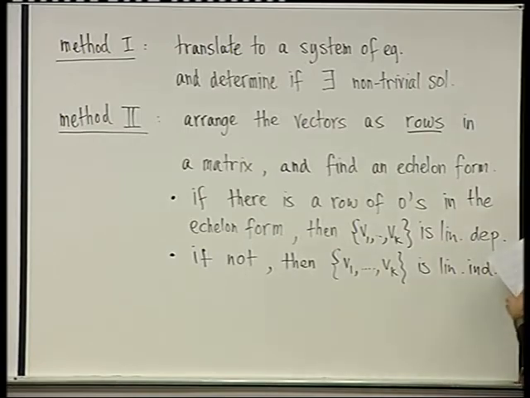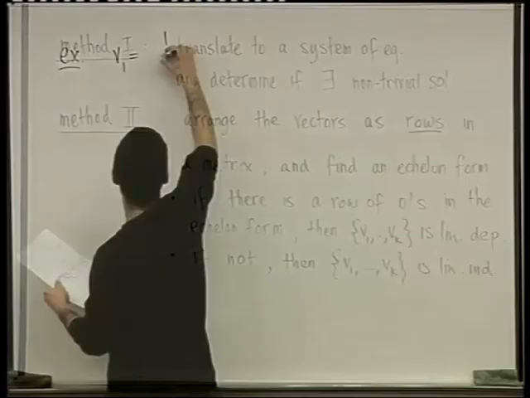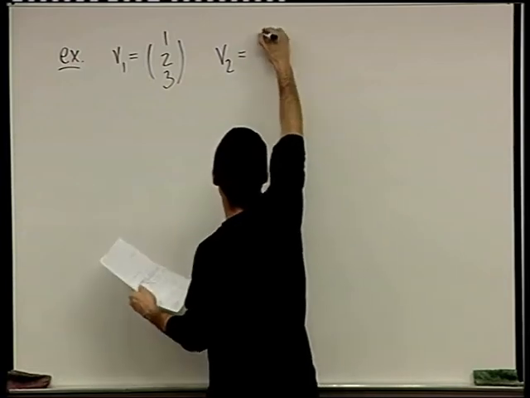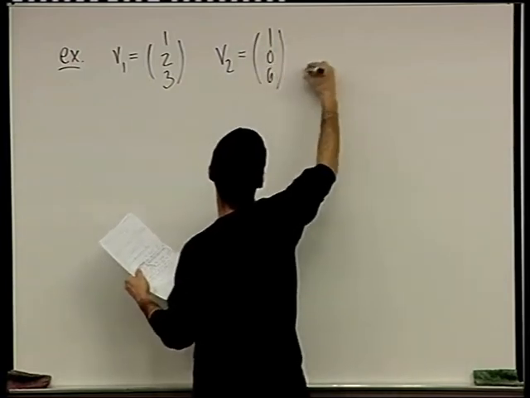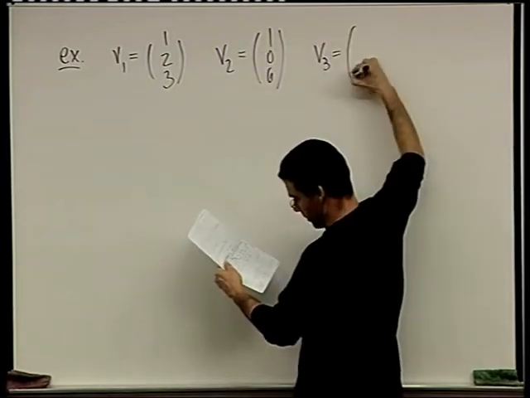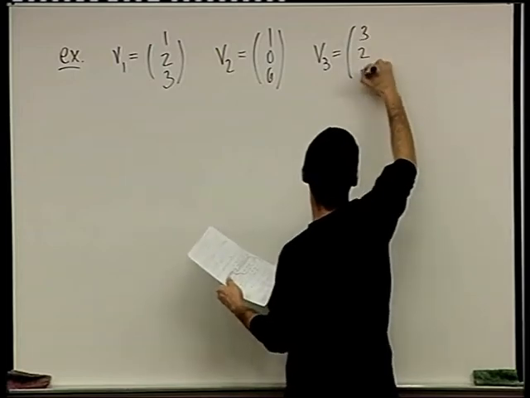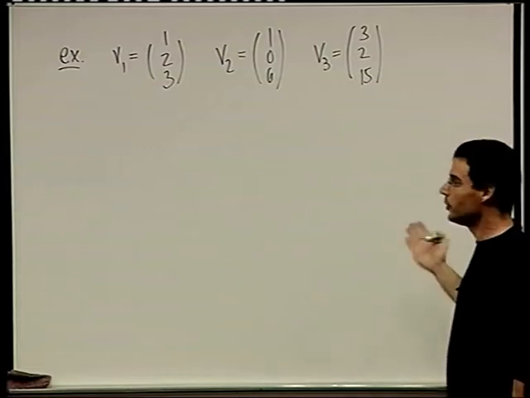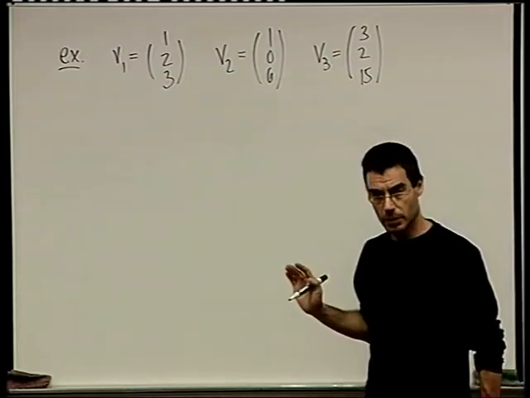So example, v1 was 1, 2, 3. v2 was 1, 0, 6. And v3 was 3, 2, 15. Good. So these are our three vectors. Let's do what the recipe tells us to do.